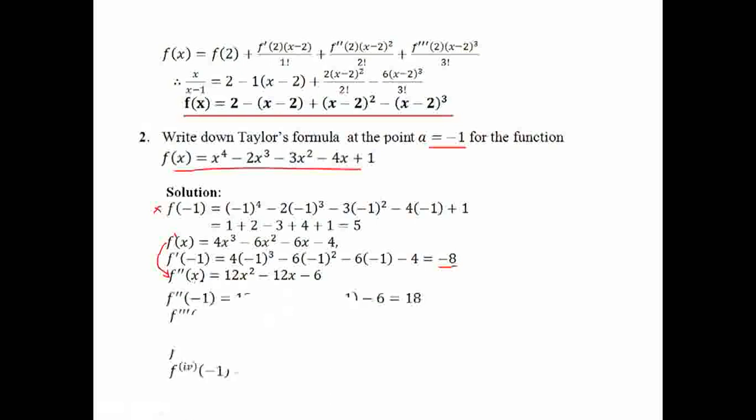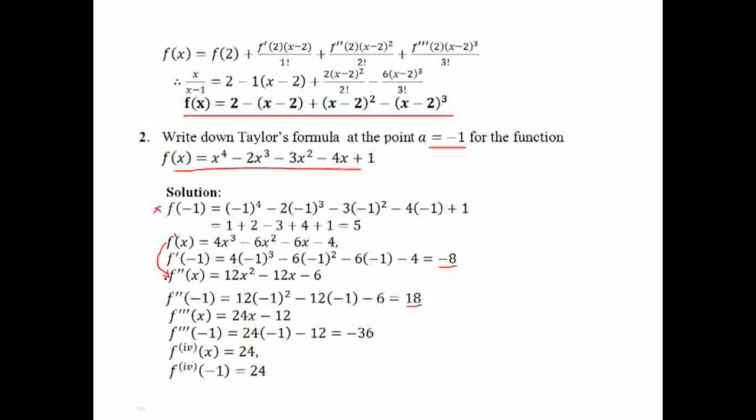Where there is x, we put -1, and it gives us 18. We continue to the third differential coefficient, differentiating again to get f'''(x) = 24x - 12. Where there is x, we put -1, and it gives us -36.